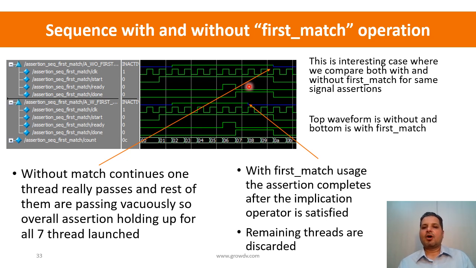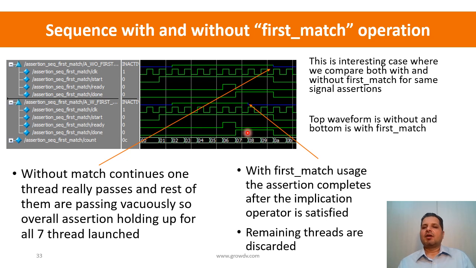For example, if ready got asserted for an additional clock cycle, sometimes they could cause failures, which might be unintended. Whereas when we use the first match, as soon as the match is found, the remaining threads are discarded, and then the assertion progresses further.